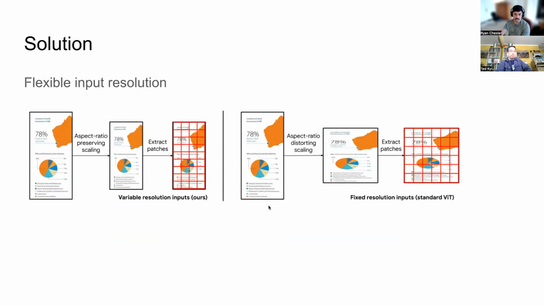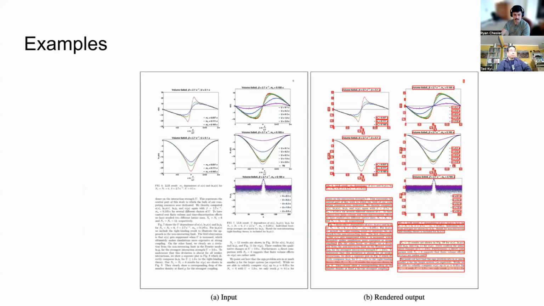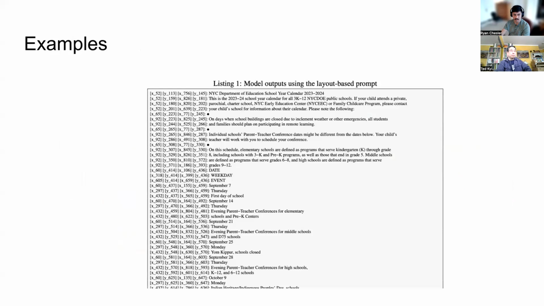Yeah, I actually have an example later here that might be informative. So here's an example of the two different formats that we have. This first one is the layout based one. It's probably pretty small, but you can see it's basically the XY coordinates of this specific line of text.